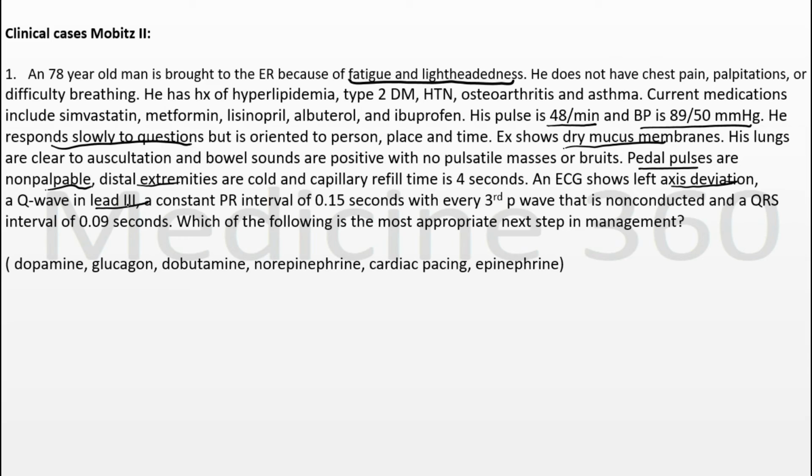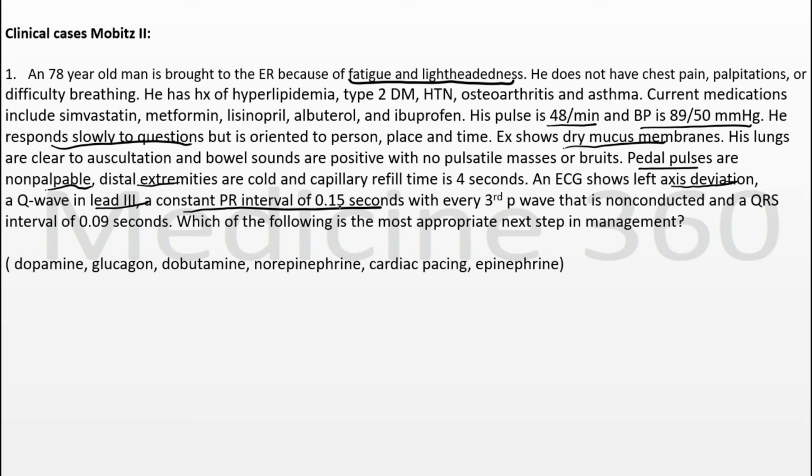Q waves found in a single lead are mostly non-significant. The constant PR interval of 0.15 second is normal, as the normal PR interval is between 3 to 5 small boxes, which is less than 200 milliseconds or 0.2.